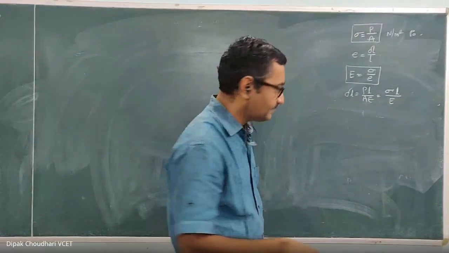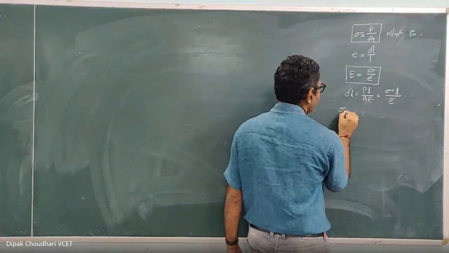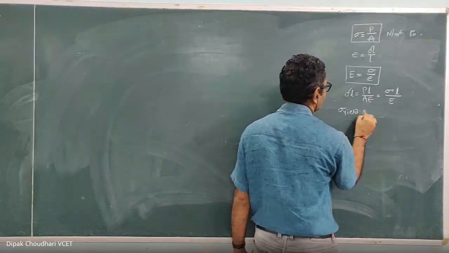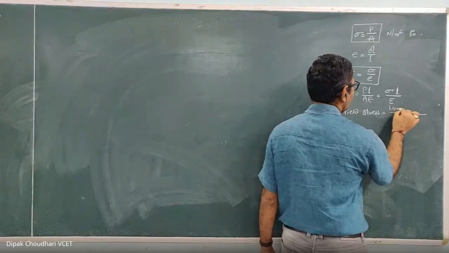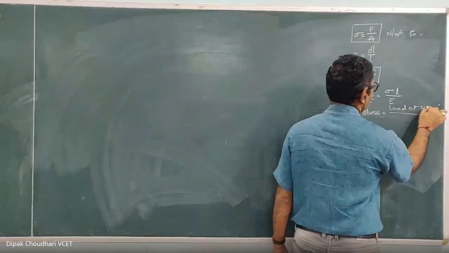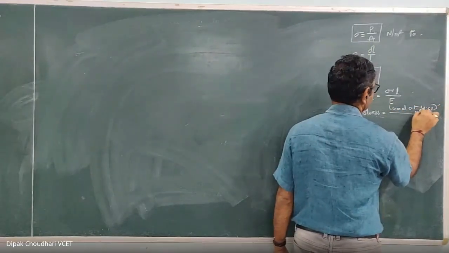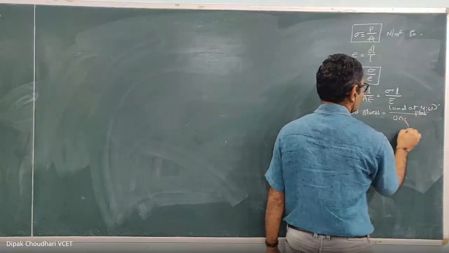Then, about the yield stress. How can you get the yield stress? It is the load at the yielding point to the original cross-sectional area.